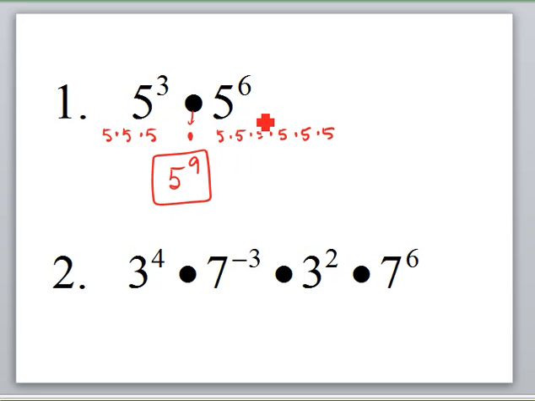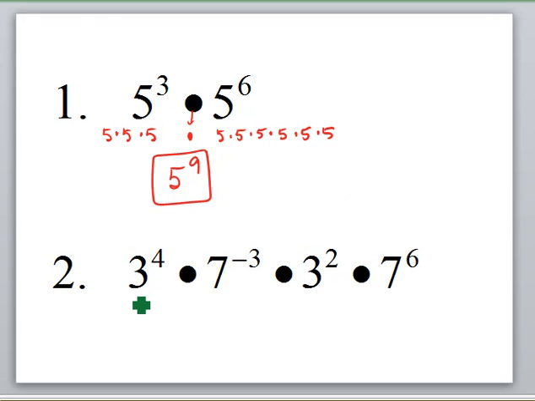Now if we learn that rule and keep it in our head, or think about it logically, we can just go directly to our answer of 5 to the 9th. Because of how large 5 to the 9th really is, I am not going to multiply out 5 times 5 9 times. So I'm just going to leave my answer as 5 to the 9th. Most of the time I will go ahead and say what that answer is.